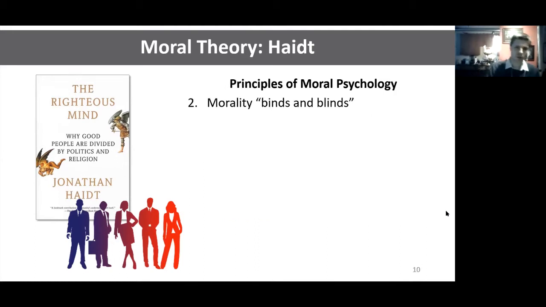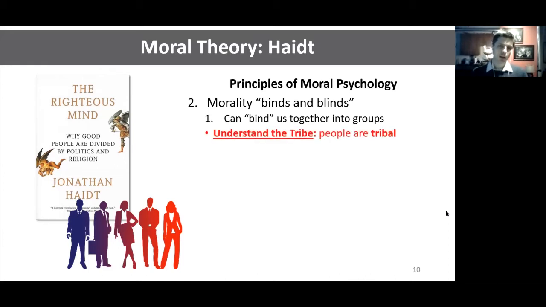Okay, the second principle is morality, quote, binds and blinds. So what does that mean? Morality can bind us together into groups. We know that we're very tribal. Since the beginning of time, we've organized ourselves in groups where we find people with similar social values.